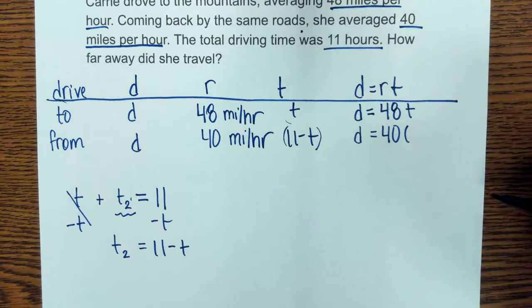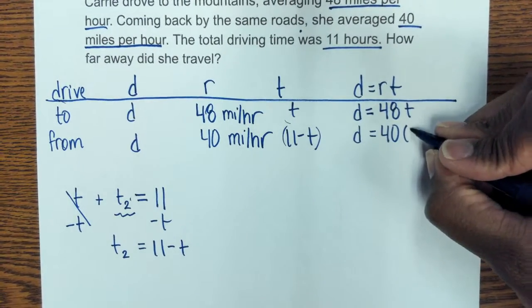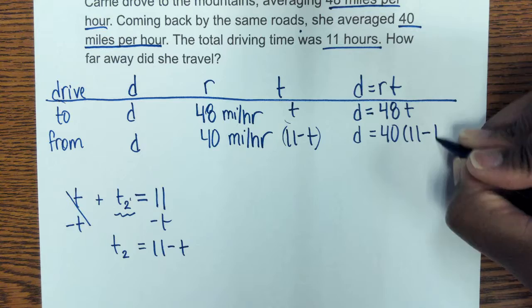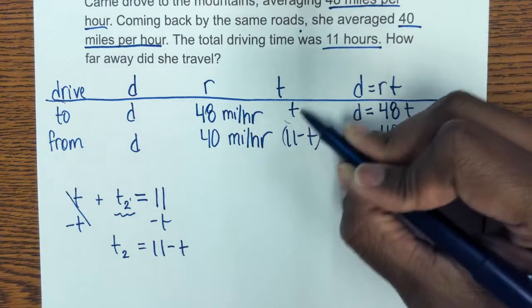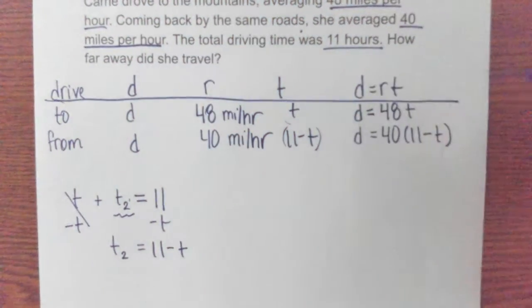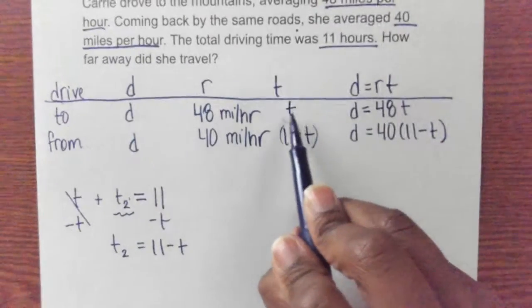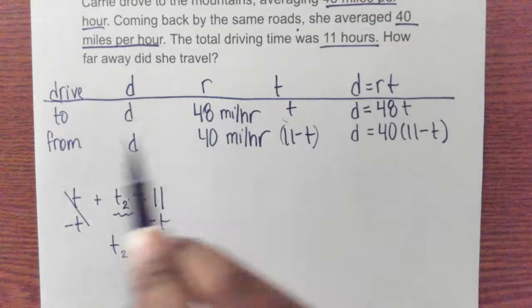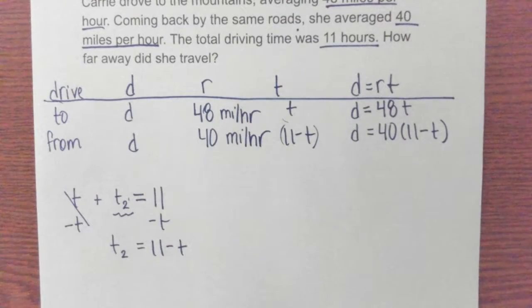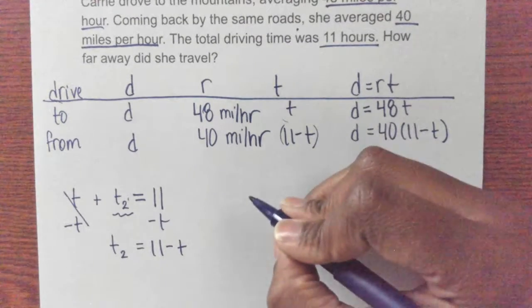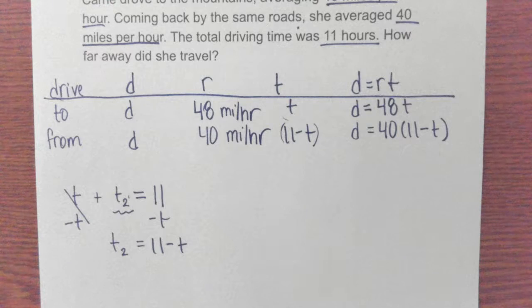So instead of just T, we have 11 hours minus T, because remember the original one is T. So the 11 total hours minus the drive there is going to give us the amount of time she took to get home.